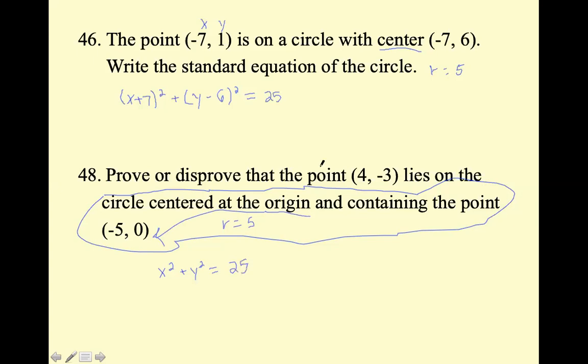So I want to know now, is this point on that equation? Well, in order for it to be on that circle, these points x and y would have to satisfy this equation. So let's see if that's true. I'm going to put in 4 for x, -3 for y, and see if it's true. So I'm going to put in 4 squared plus -3 squared, and I want to know, is that equal to 25?